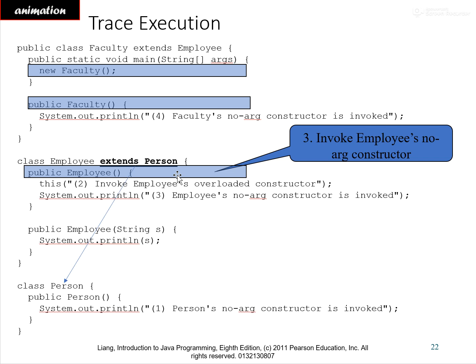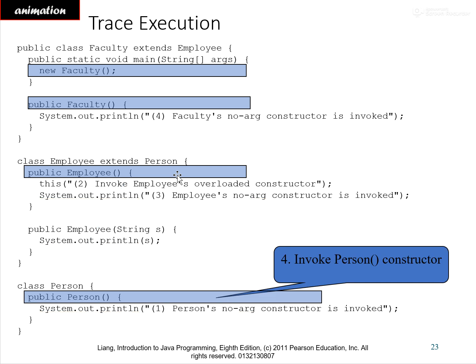And remember, employee is in turn a subclass of person. So before we get into even the first line of code inside employee's no arg constructor, we again jump first to the superclass person's constructor.